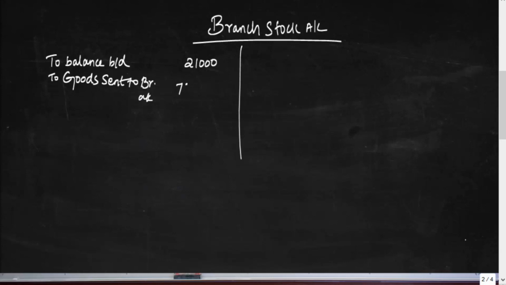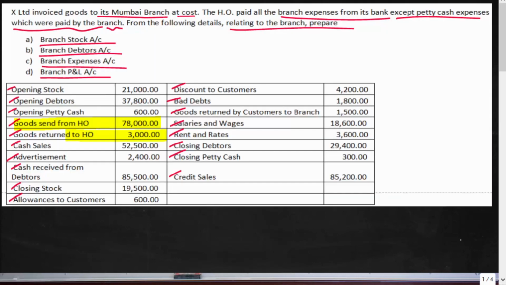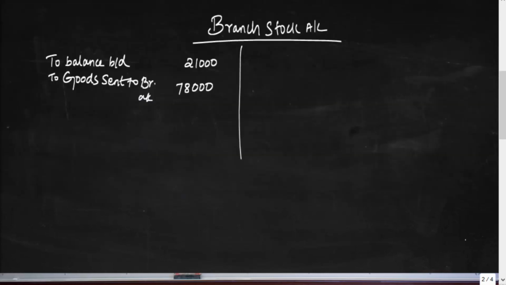What is the amount? 78,000. This is what was sent to branch, and what is returned to HO? It is 3,000. So by goods sent to branch, it is 3,000. That was the return to HO.